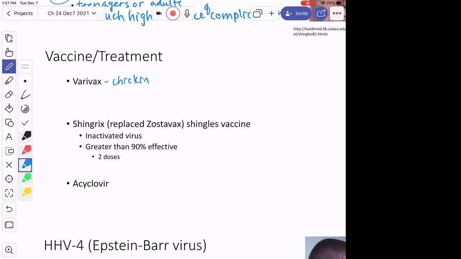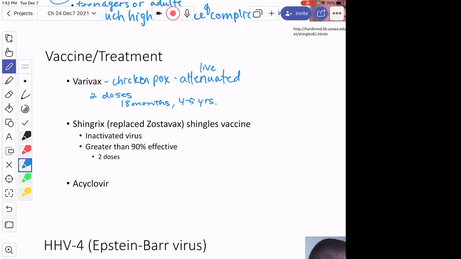It's a live attenuated vaccine, weakened, somehow they've weakened the virus. It's usually given in 2 doses, about 18 months, and then again before kindergarten, 4 or 5 years. And it works really well.